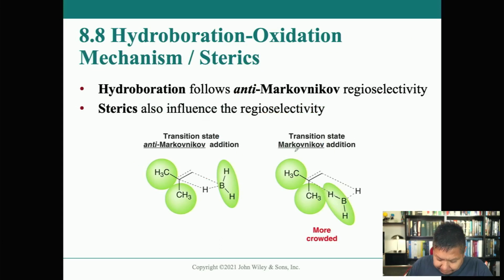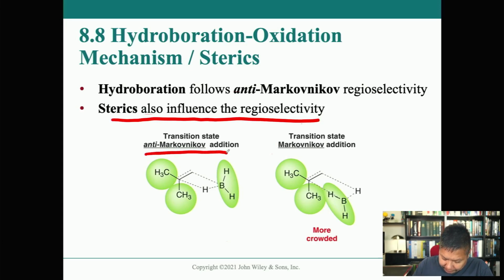So the sterics also influence the regioselectivity, right? In the transition state of the anti-Markovnikov addition, the carbon that gave up its double bond and attacked the boron is there, and the hydride shift is occurring right there, stabilizing the carbocation and still associating with the boron. There's a lot of room there for this to happen.